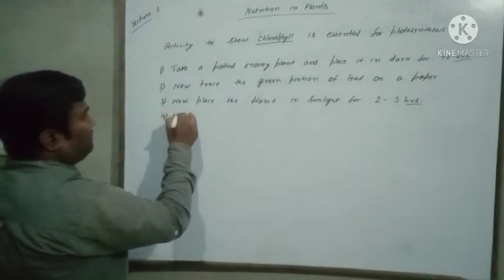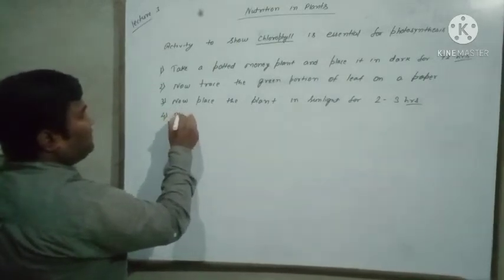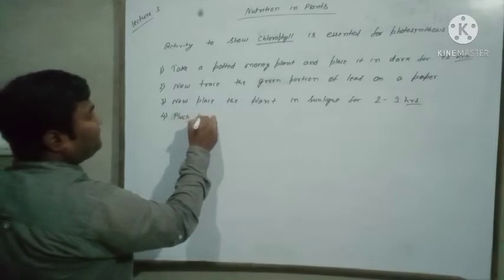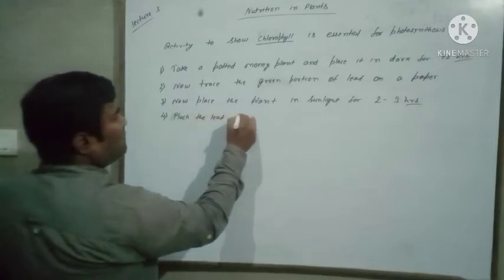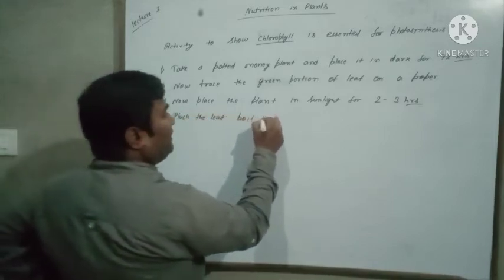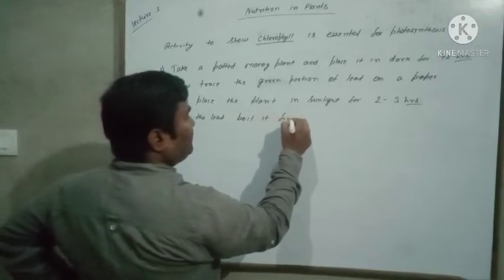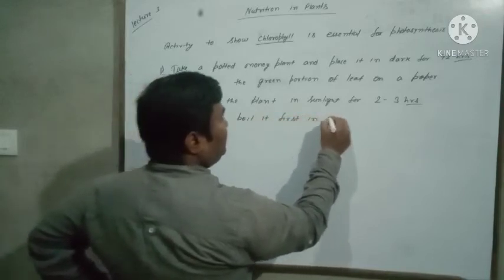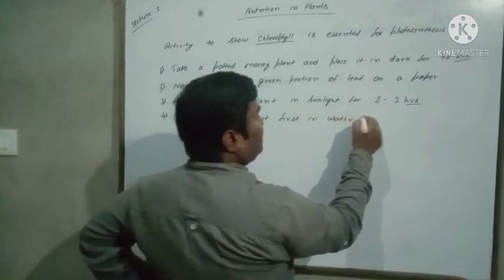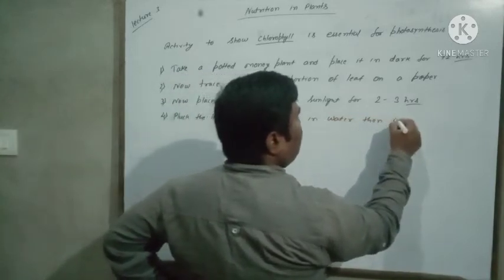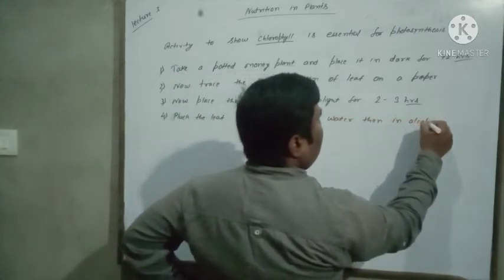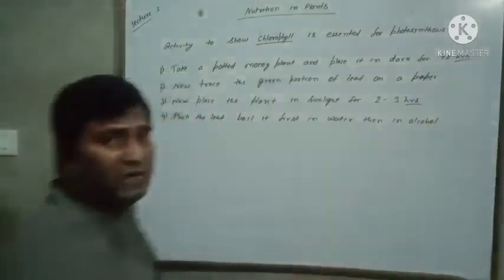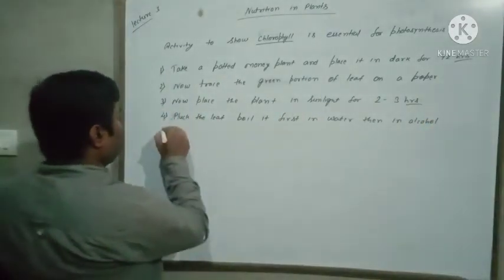Fourth, pluck the leaf, boil it first in water, then in alcohol. वही आयोडीन टेस्ट करेंगे हम लोग.